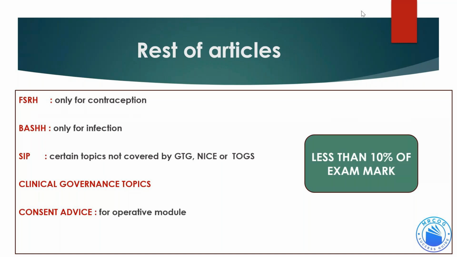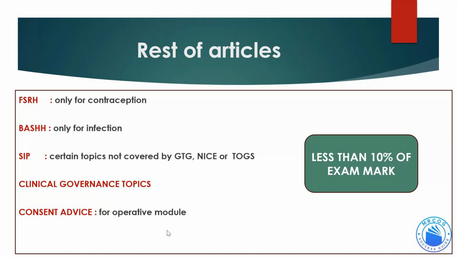And if you find a topic that you read in the scientific impact paper also covered by a TOG article or Green Top or NICE, it's unnecessary to read the scientific impact paper. Then we will talk about the clinical governance topic and the consent advice. Consent advice is done for the operative or surgical module.